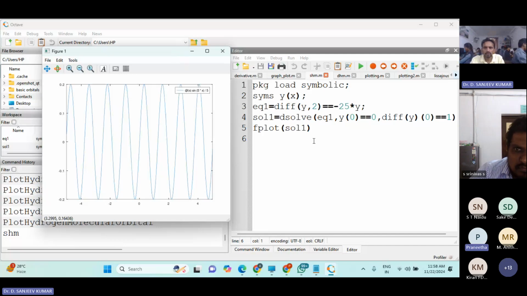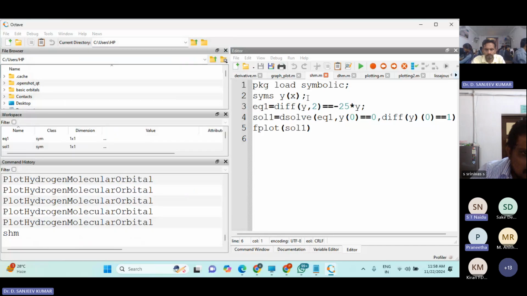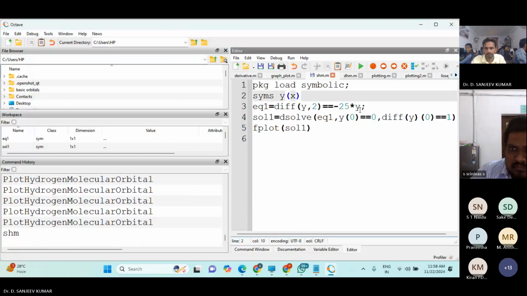So we'll see what exactly is happening at each level. For that, I remove these semicolons.